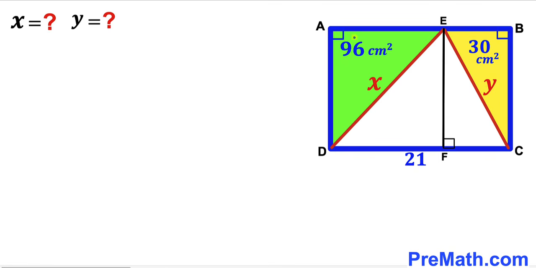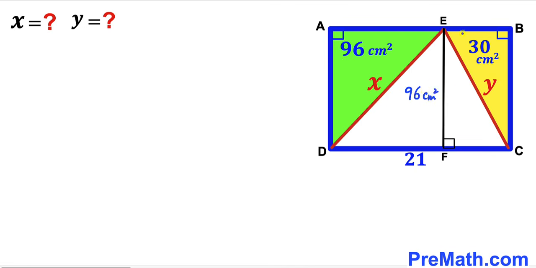Now let's focus on the rectangle AEFD, where DE is the diagonal. This diagonal DE divides the area of the rectangle into two equal parts. If this area is 96, then this area has got to be 96 cm² as well.